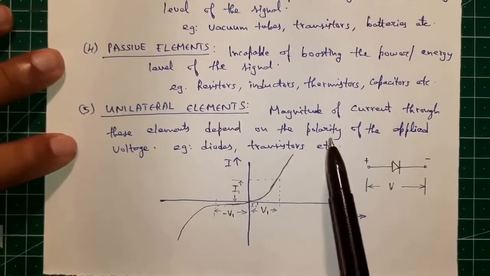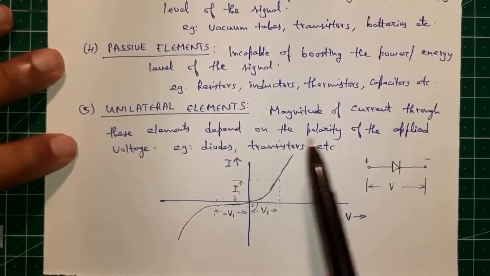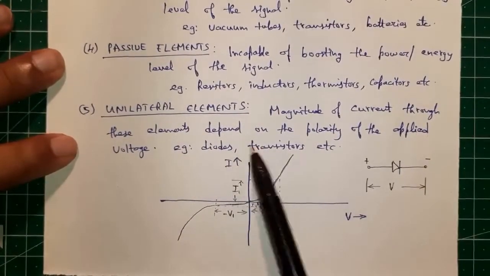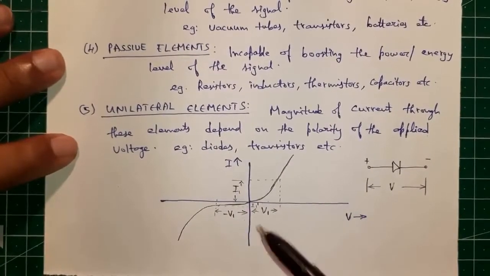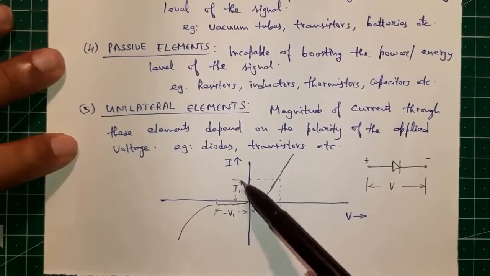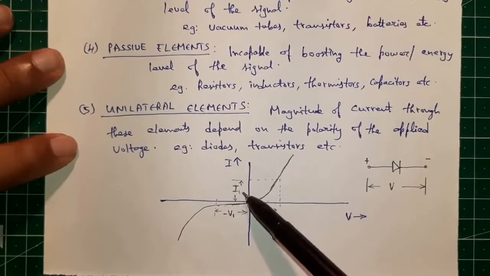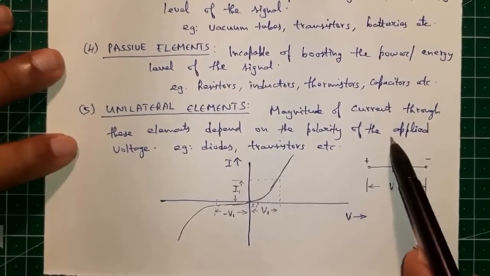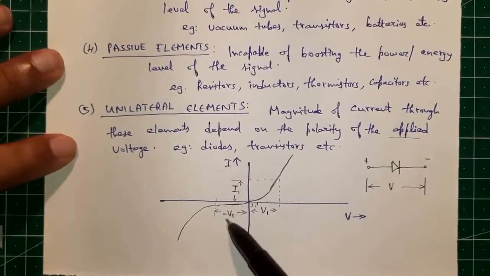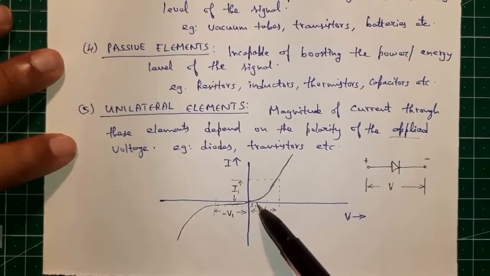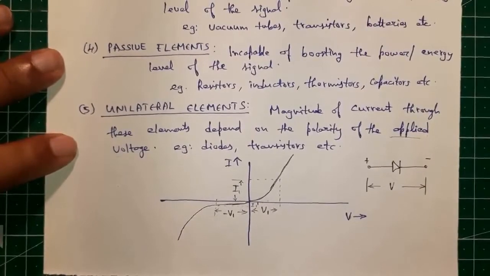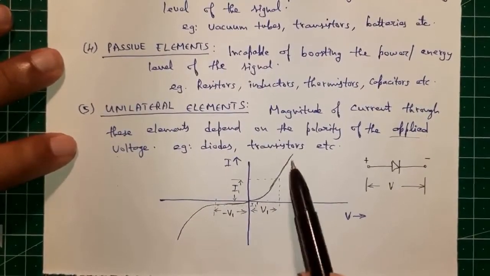So the diode is an example of a unilateral element because the magnitude of current through this element depends on the polarity of the applied voltage. You apply a positive voltage, you get a current of this magnitude. Now you reverse the polarity of the applied voltage, same magnitude but reverse polarity. What happens to the magnitude of the current? It is different, so I1 dash here. So this is an example of a unilateral element.